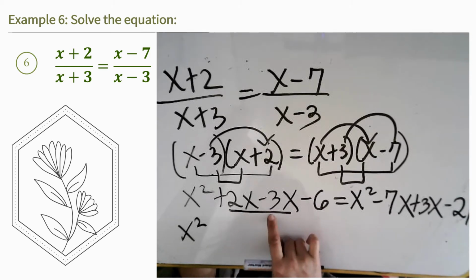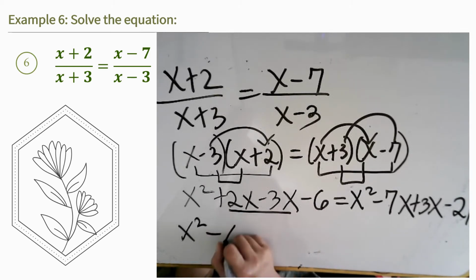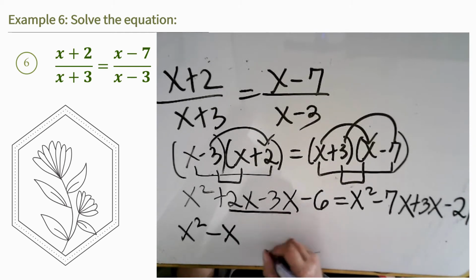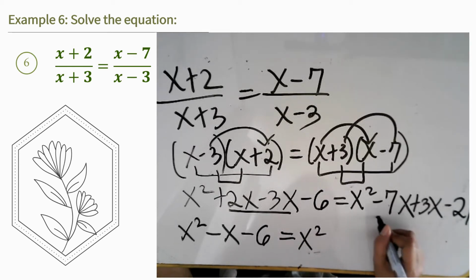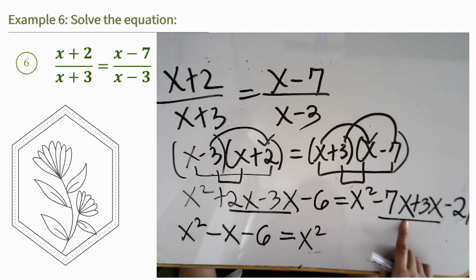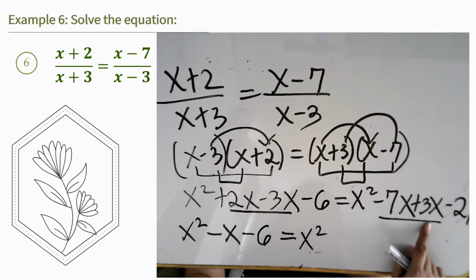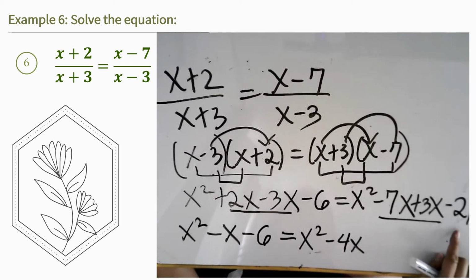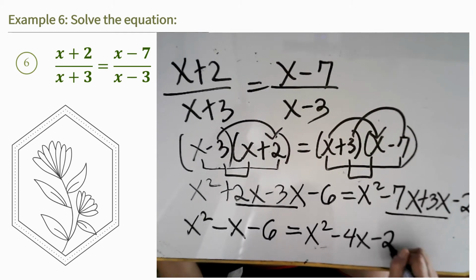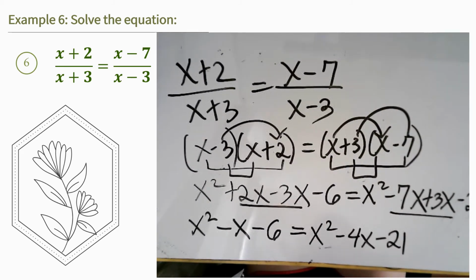Positive 2x plus negative 3x is equal to negative 1x.